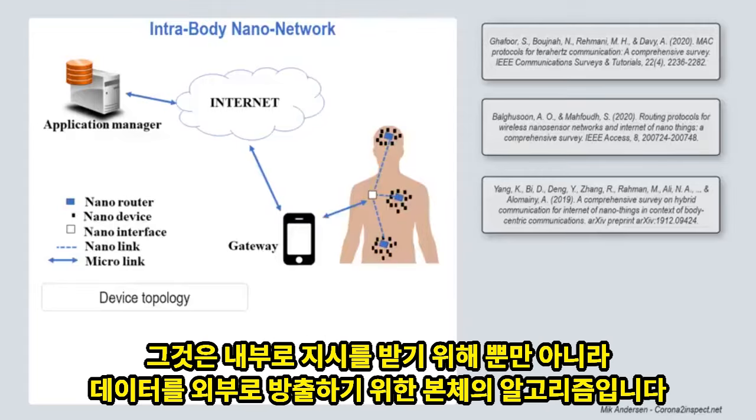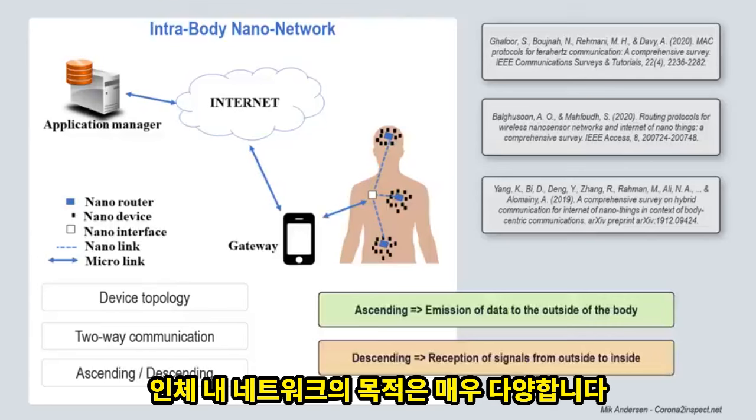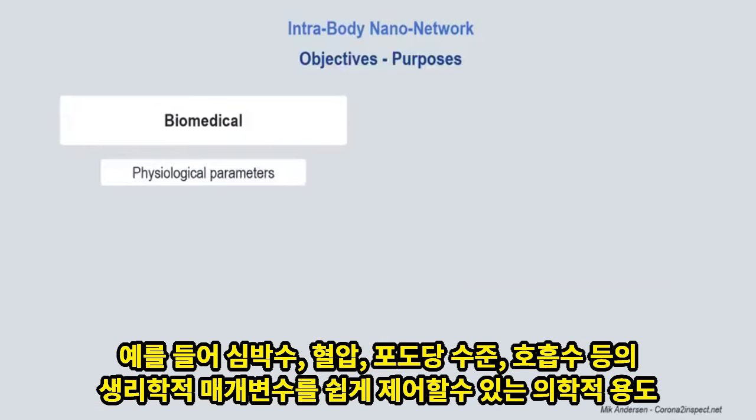That is, outward from the body, to emit data, as well as inward, to receive instructions. The purpose of an intracorporeal network is very diverse, for example biomedical uses, which facilitate the control of physiological parameters, heart rate, blood pressure, glucose levels, respiratory rate, etc.